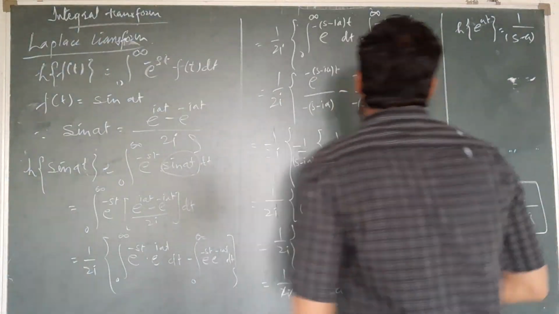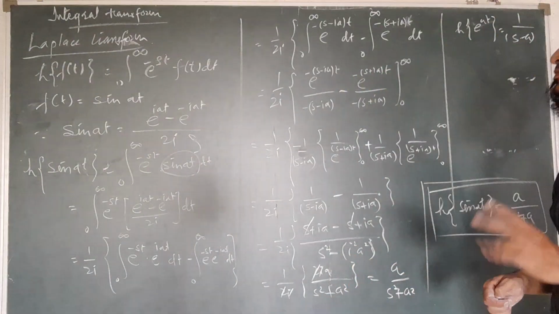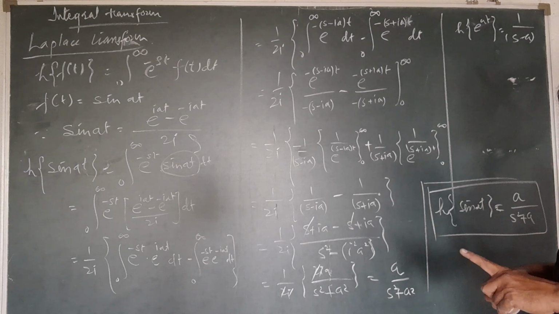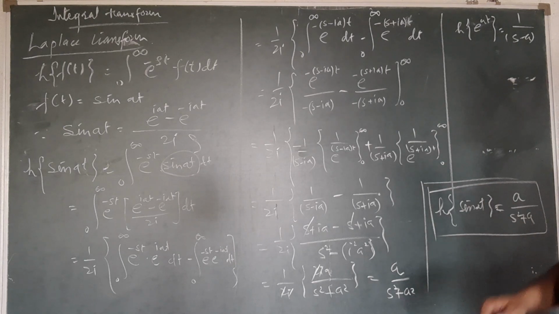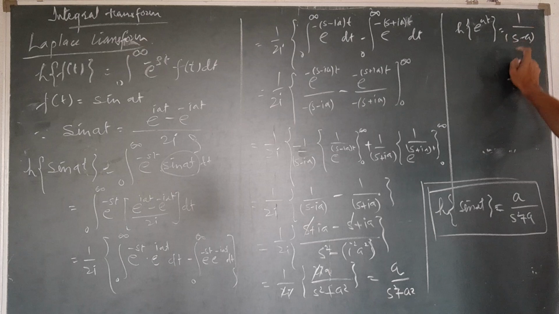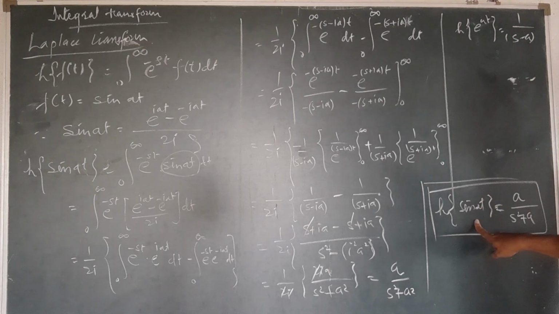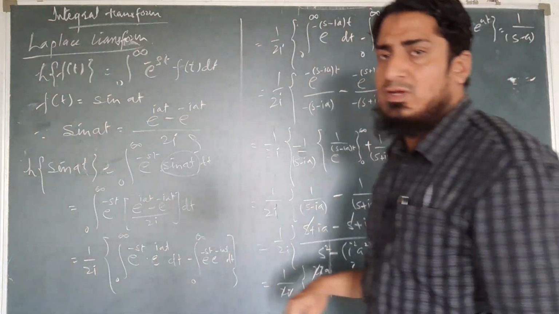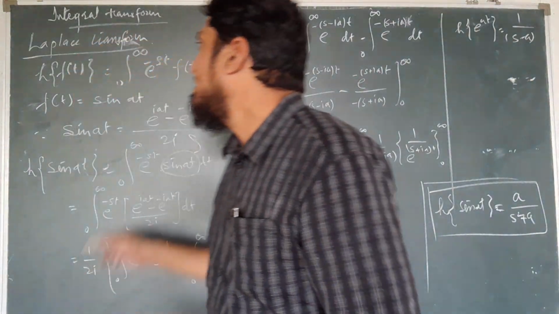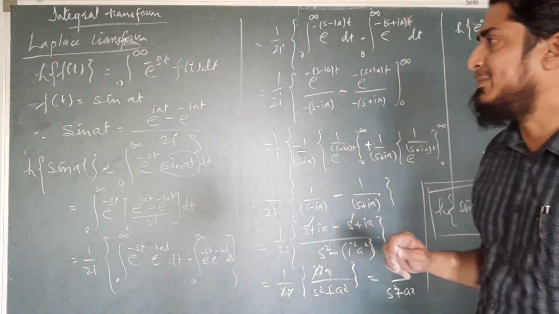In this lecture, we have found two Laplace transforms. The first example is e raised to at, which is given as 1 upon s minus a, and another is the Laplace transform of sin at, which is a upon s square plus a square, and these are quite important basic results of the Laplace transform.